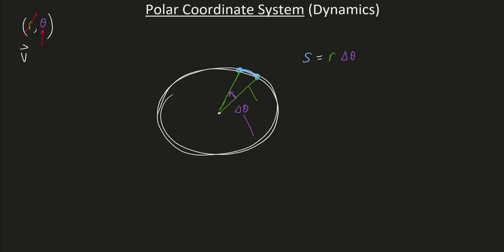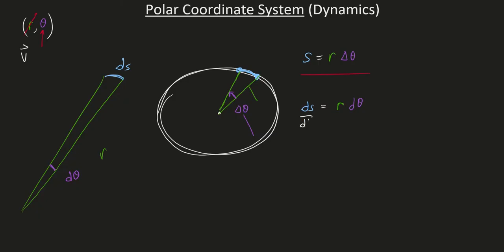And here's the thing, this equation works even if we shrink down to the differential level, the infinitesimal level. We move a very, very tiny angle, d theta, and as a result, we're going to move a very, very tiny distance, ds. So this equation here still applies. ds is equal to some r value, not a dr, this is obviously some big r value, times the tiny angle that we're traveling through.